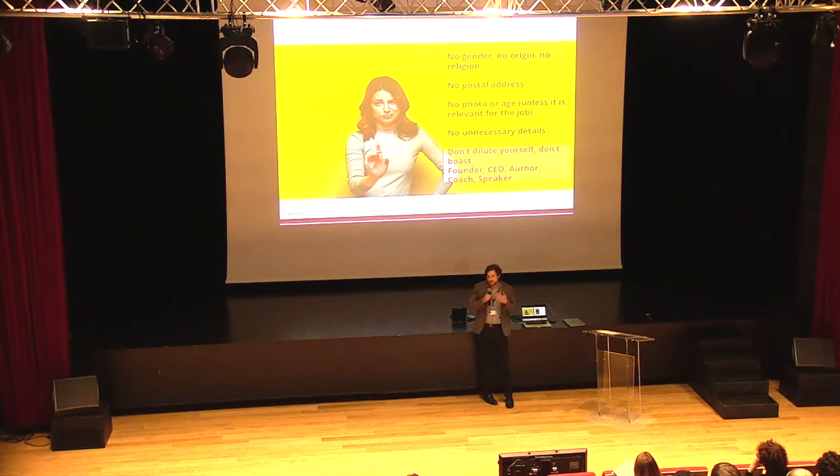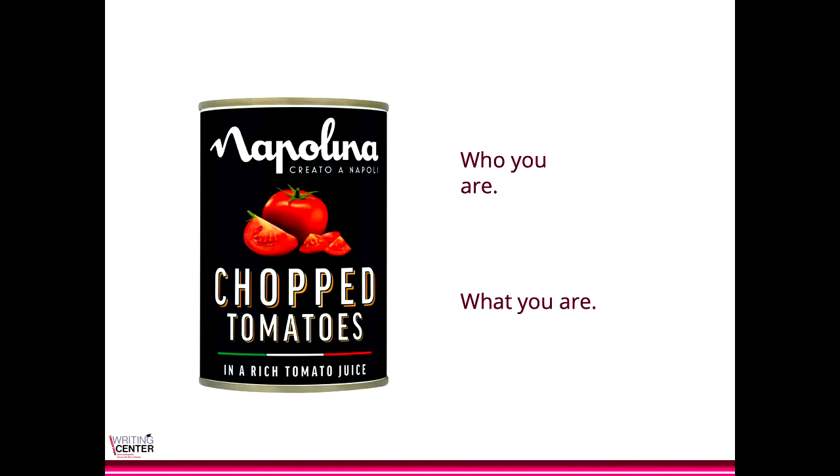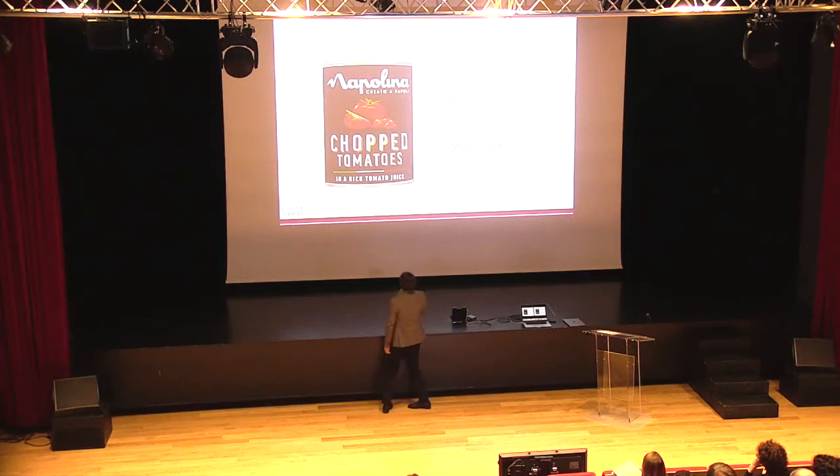And in parallel with the idea of clarity, you want your CV to be as precise as possible, so you don't want any unnecessary details included in it. In fact, one of the best CVs is probably this can here. This can of tomatoes says very directly who it is and what it is, right?